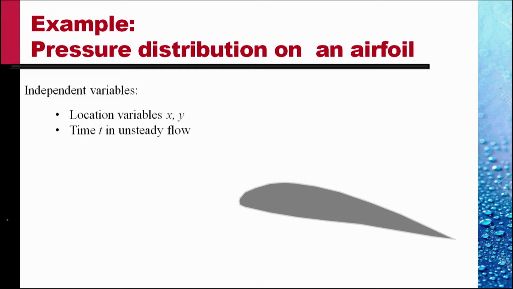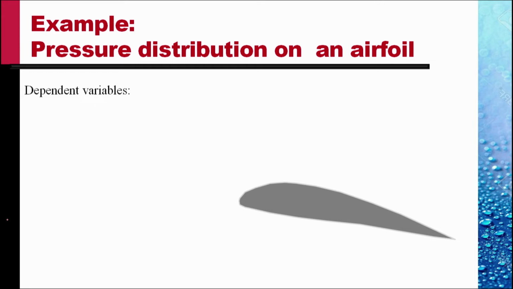And if the flow is unsteady, then time also would be an independent variable. The location does not depend upon the phenomena. It does not have anything to do with the fluid that you're dealing with. So these are independent variables. They change within an experiment. Different points, different times.